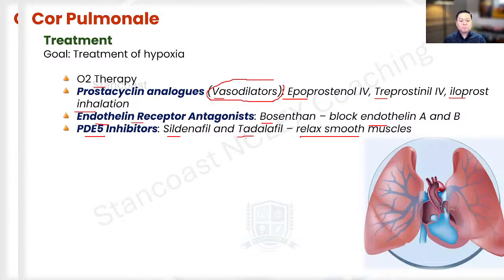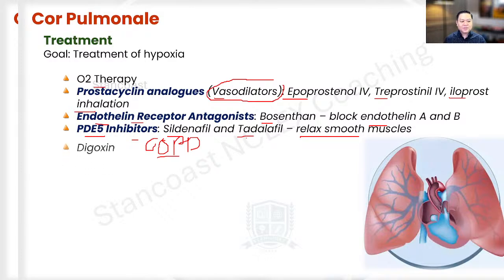So with these two medications in the PDE5 inhibitors classification, this will allow relaxation of the smooth muscles and also the lung blood vessels, and again, will decrease the pulmonary hypertension. And this is really going to target the COPD type of pulmonary hypertension. So please pay attention: sildenafil and tadalafil.